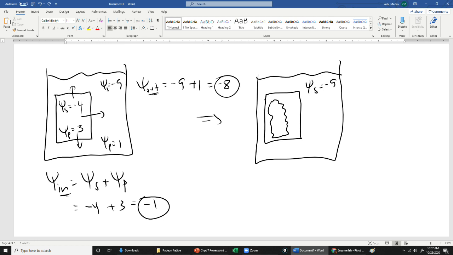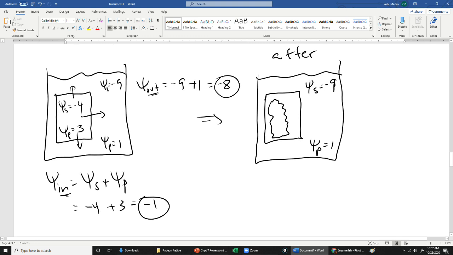This is -9. This we know is going to be 1. That didn't change. Atmospheric pressure didn't change, and the cell is so small that our solution didn't change in any measurable way. So we said we waited, this is after, we waited long enough for no more net movement. It's at equilibrium now. This is before, so this could be hours later or a day later or something like that.